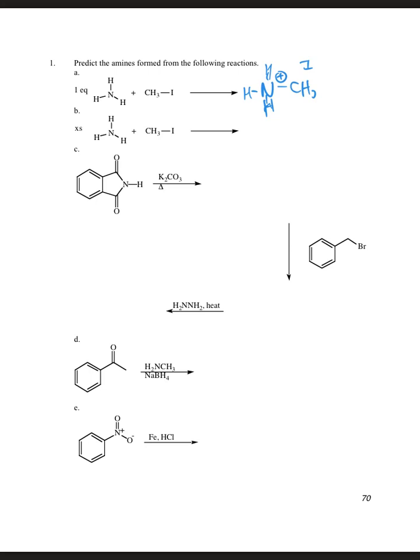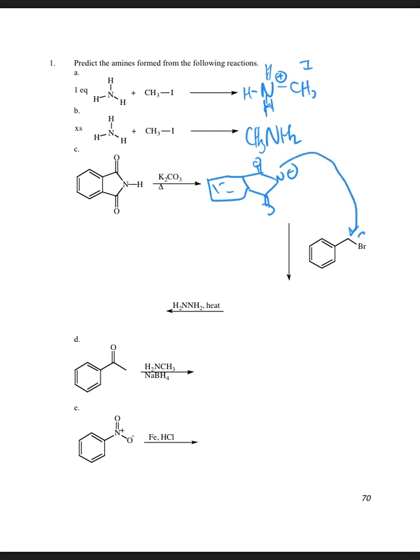If we have an excess of ammonia, it's going to go to that, and then we're going to take off the extra hydrogen, so we'd get the methylamine. The carbonate and phthalimide gives us the great nucleophile, the N-.